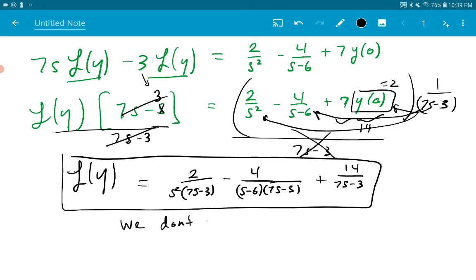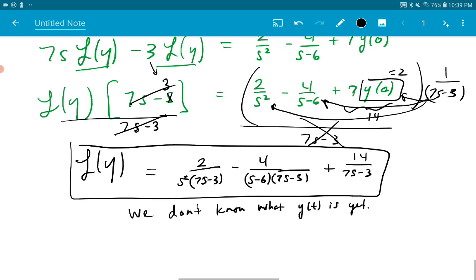We don't know what the function y of t is yet. But we do know its Laplace transform. I guess I should capitalize Laplace. We do know its Laplace transform.